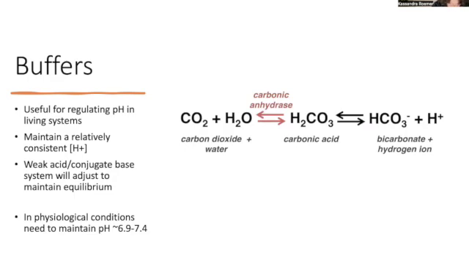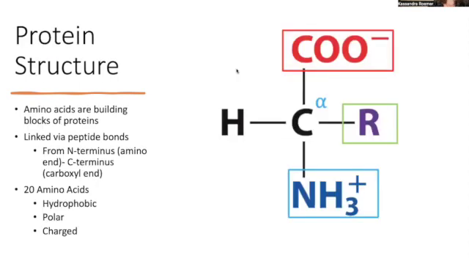And lastly, we can encounter respiratory alkalosis, which, for example, happens when we hyperventilate, when we get super anxious or stressed, where we exhale very rapidly and we release excess CO2, and therefore have a too high pH in our system. So overall, we want to make sure that we maintain a physiological pH of around 6.9 to 7.4, which is why we need buffer systems inside of our bodies.